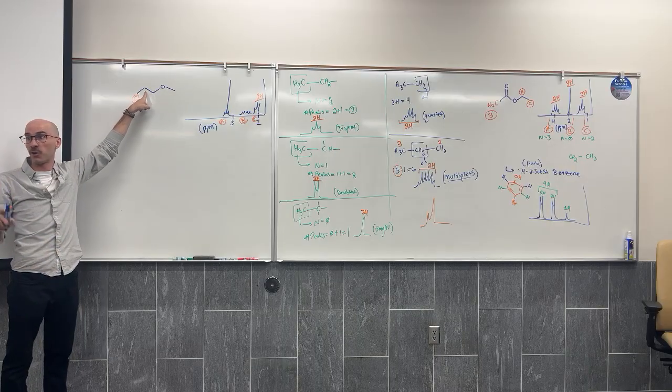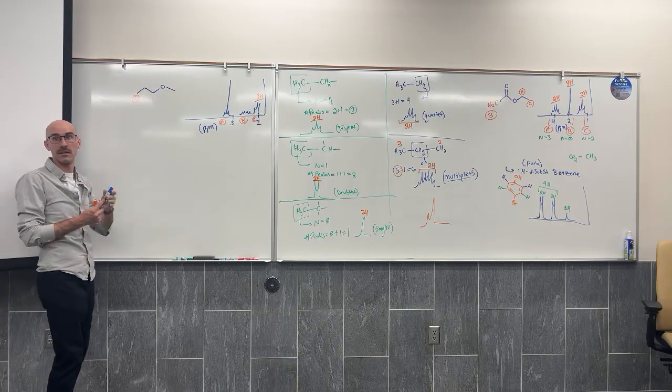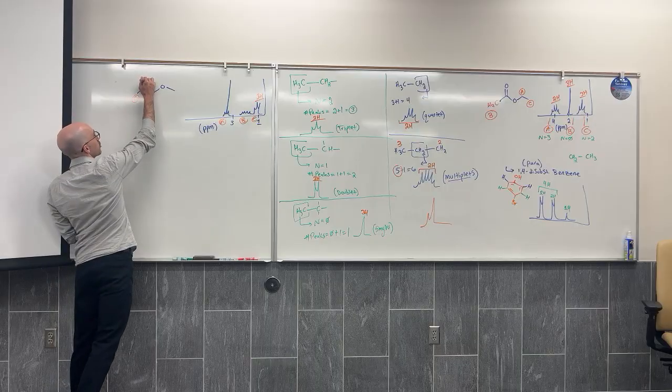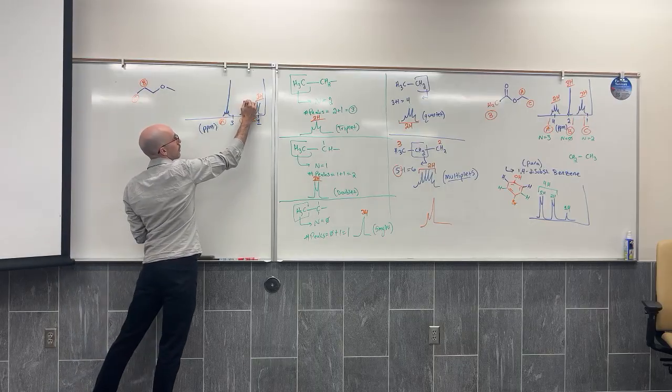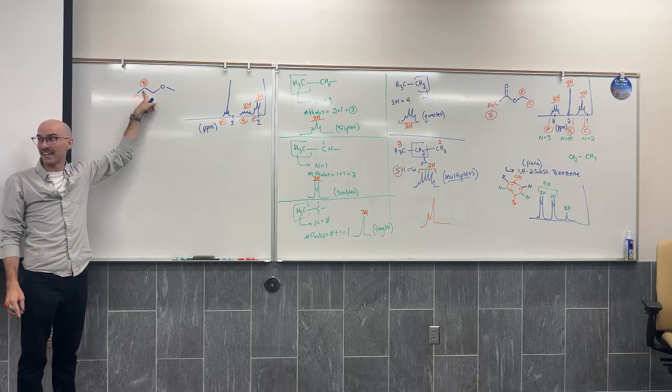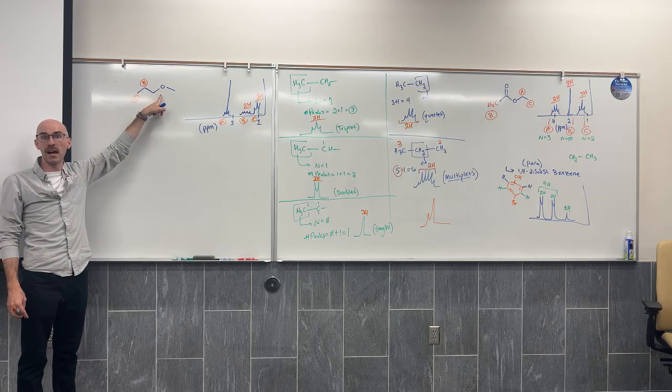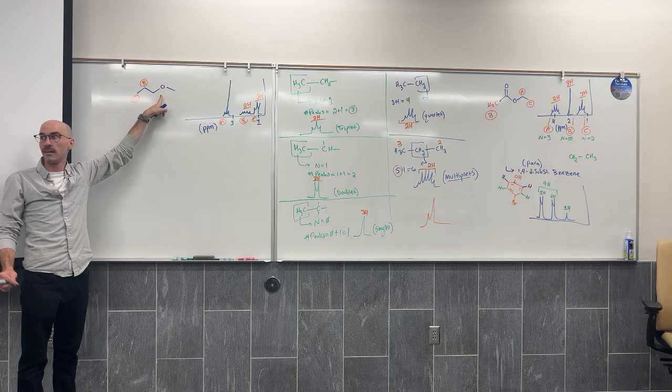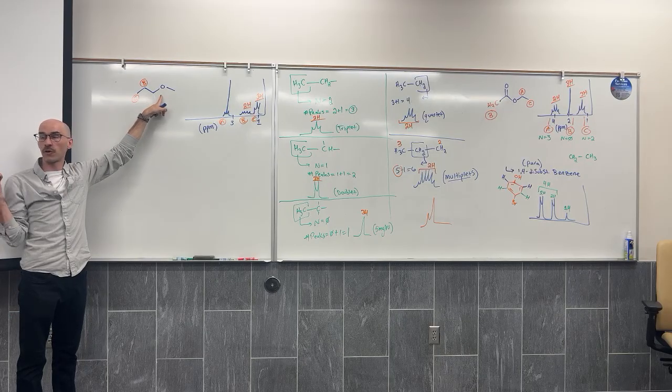Nothing else in the molecule has that many neighbors, because the other CH2 only has 2 neighbors, which would split as a triplet. But the proximity to the oxygen says it should shift further to the left. It should be a triplet shifted further to the left because of its proximity to oxygen.